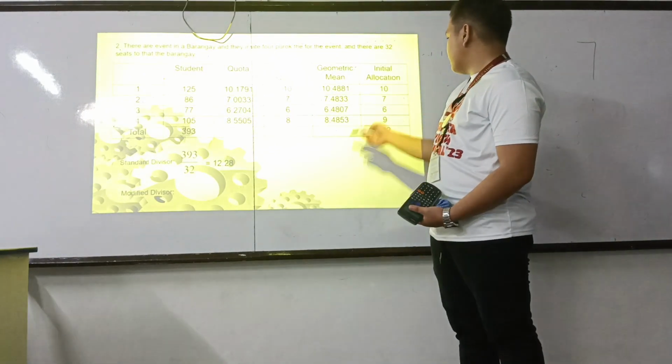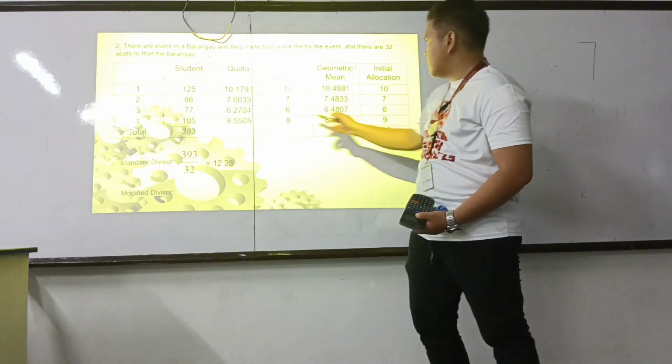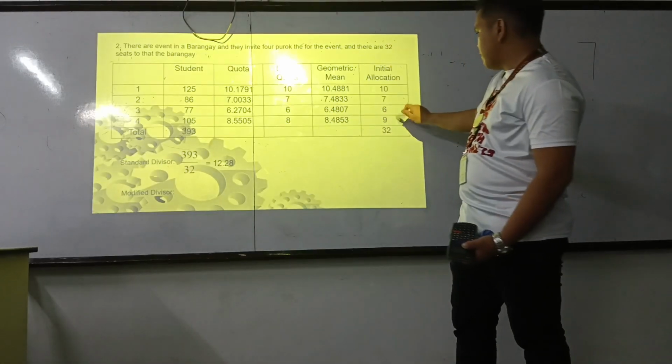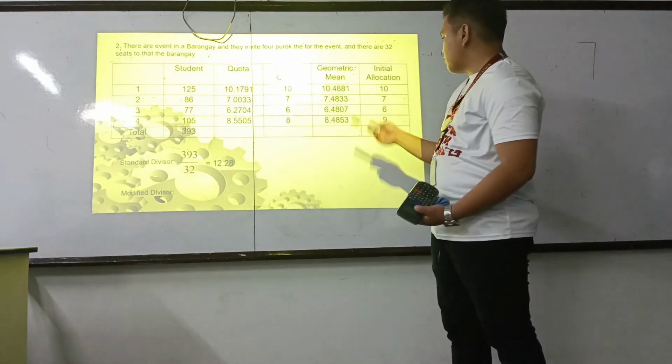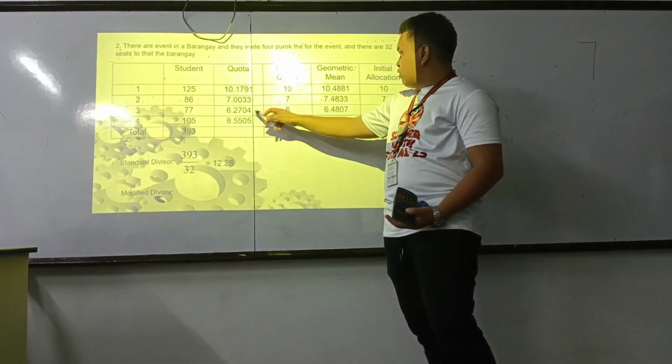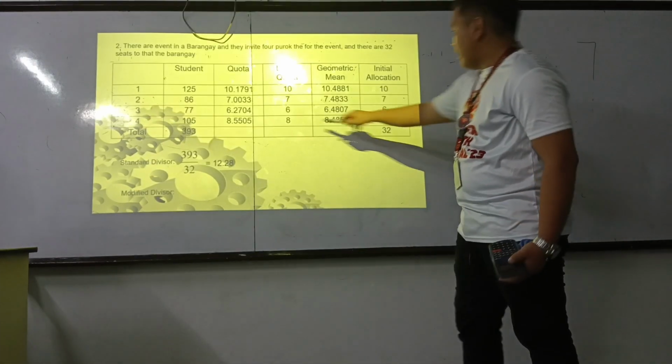The geometric mean in group 3 is higher than the quota, so it will be the same, 6. And the geometric mean in group 4 is lower than the quota, because the quota is higher than the geometric mean, so 8.